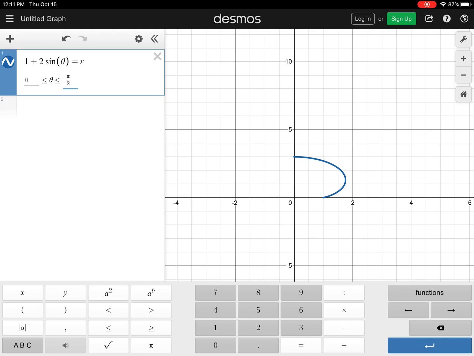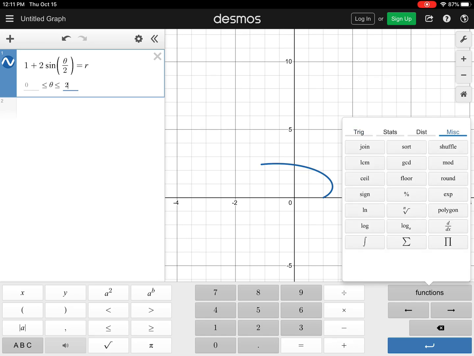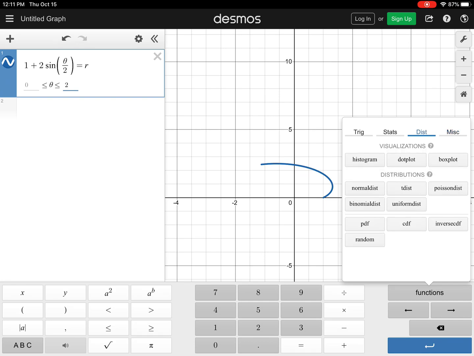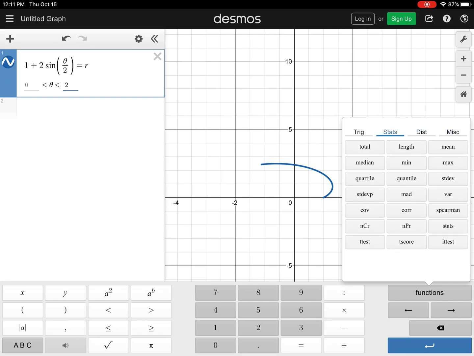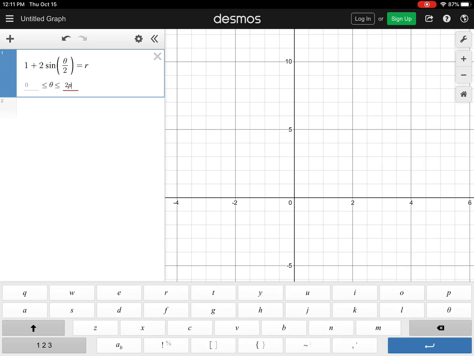It's supposed to be theta over 2, and that should be 2. Where's pi? Pi should be here somewhere. I just type it in. There you go. It looks like a balloon that's been shot or something.